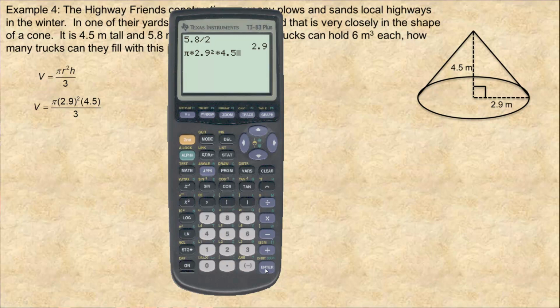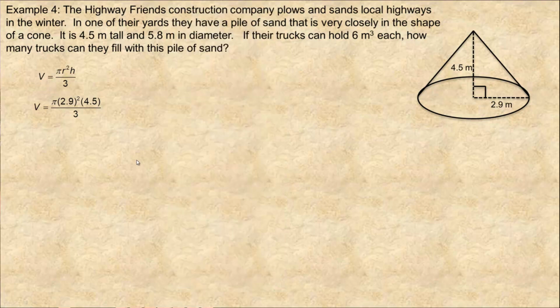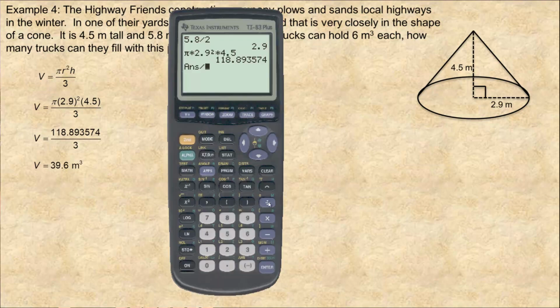So the calculation on top is going to be 118.89, and then we're going to divide that by 3. And of course, if you divide that by 3, that's where the 39.6 cubic meters comes from.